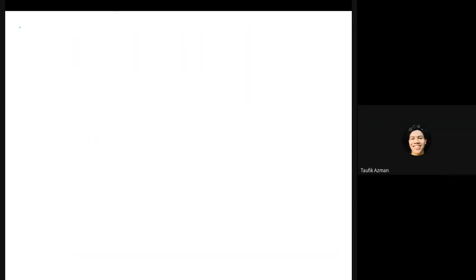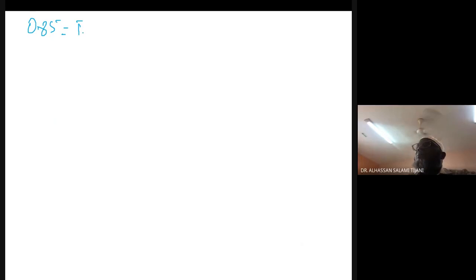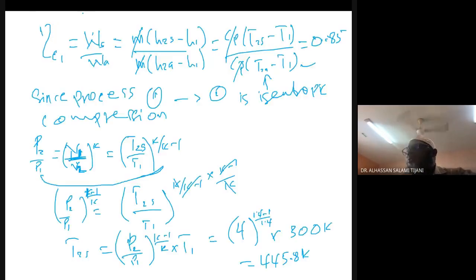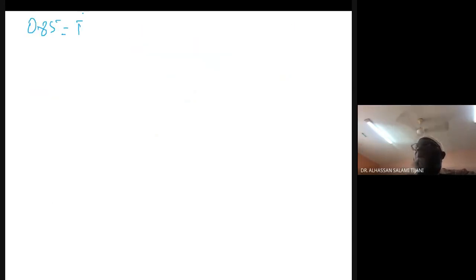We have 0.85 equals T2S, we know T2S already, 445.8 minus 300 Kelvin, divided by T2A minus 300 Kelvin.